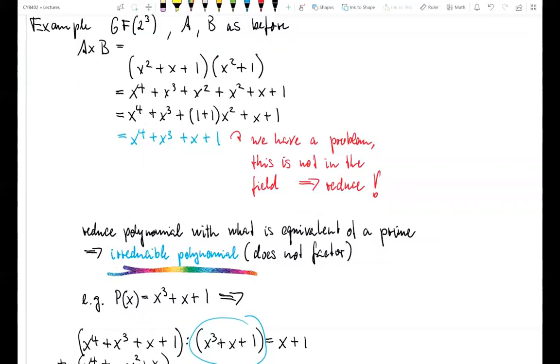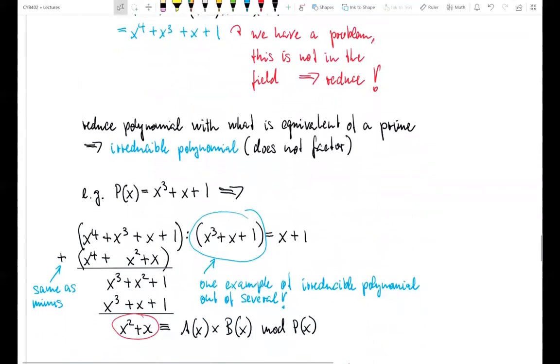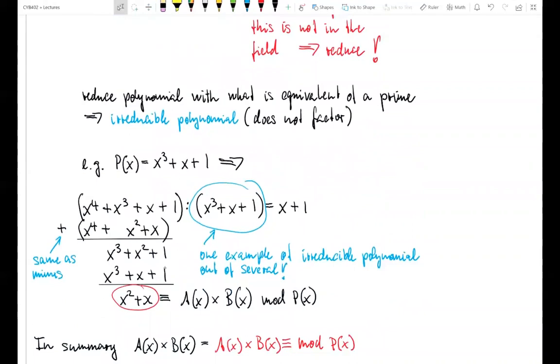And here comes the surprising thing. The equivalent of a prime doesn't factor with any two other polynomials. And the funny part is that there are several options.